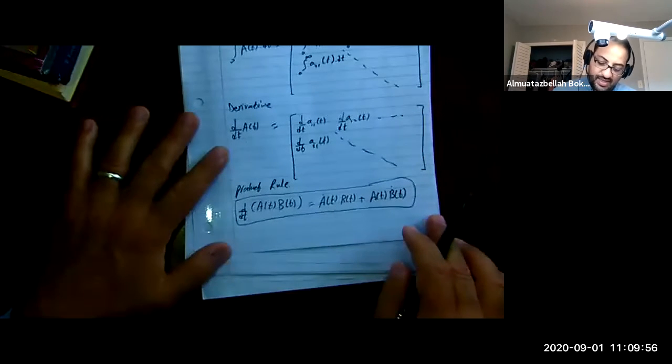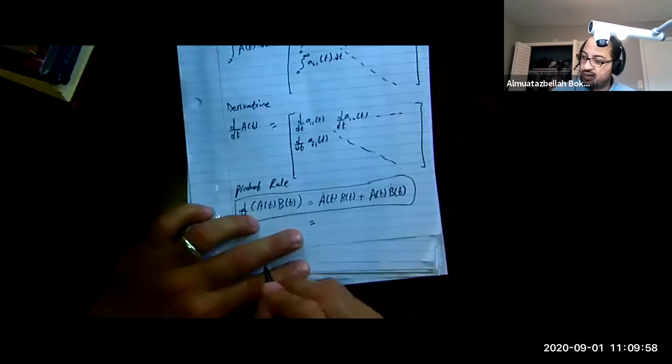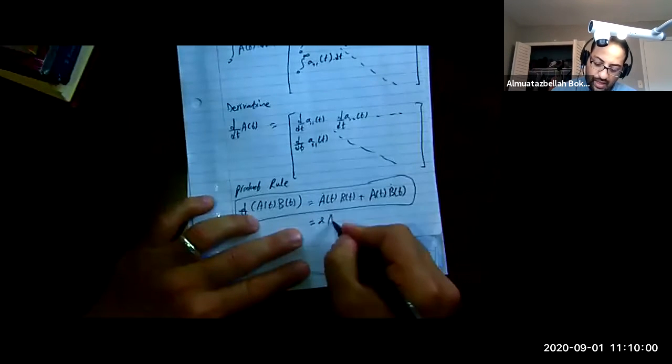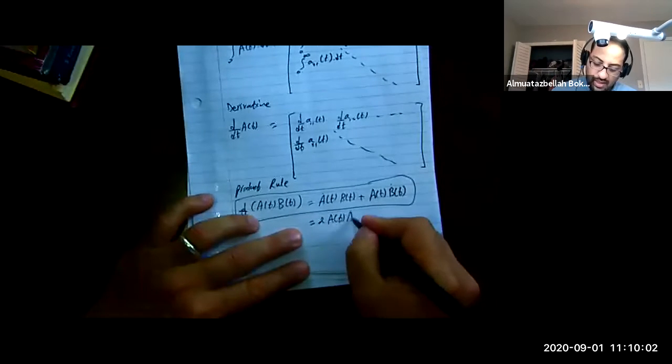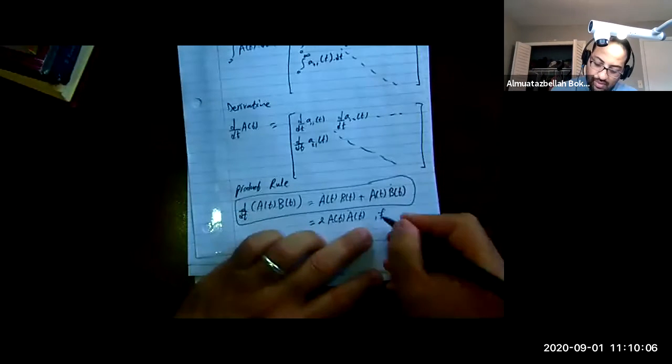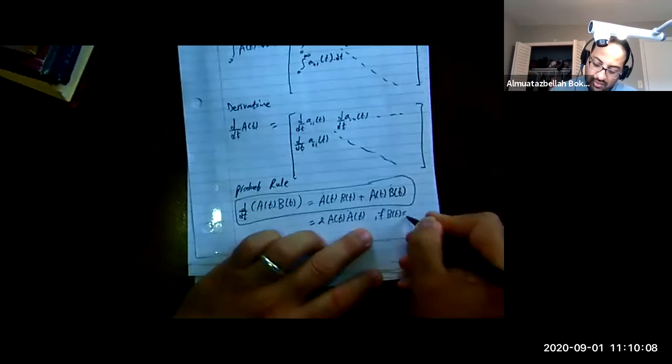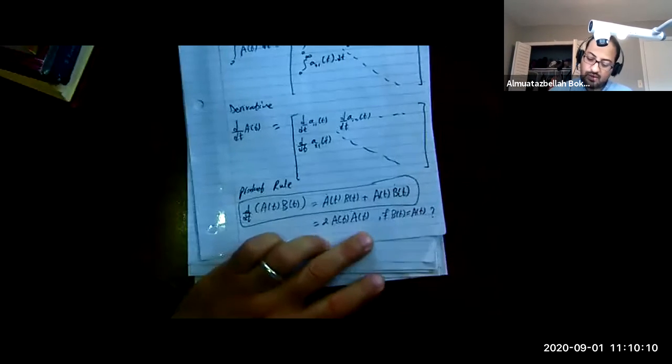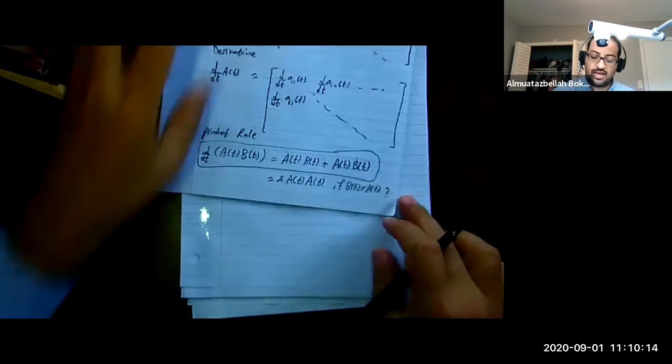Now, can I say that this is equal to 2A of t A dot of t, if B of t is equal to A of t? Anybody? Can I say that?